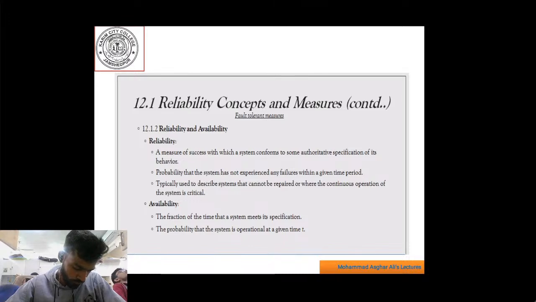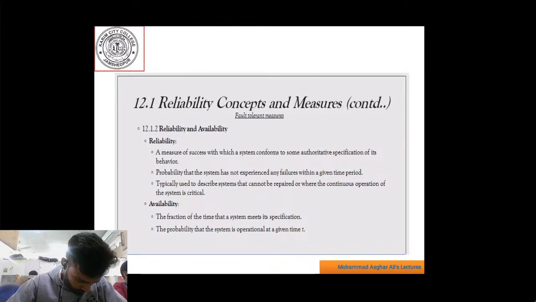Now, reliability and availability. Reliability refers to the probability that the system under consideration does not experience any failures in a given time interval. It is typically used to describe systems that cannot be repaired or where the operation of the system is so critical that no downtime for repair can be tolerated.